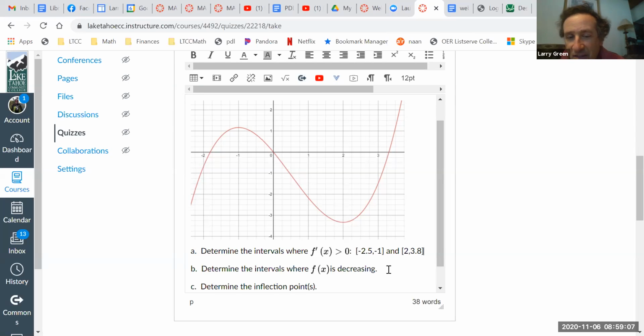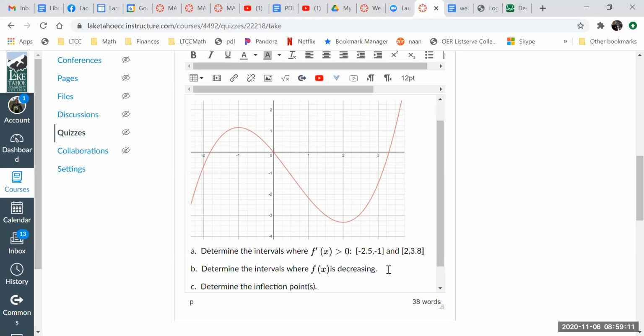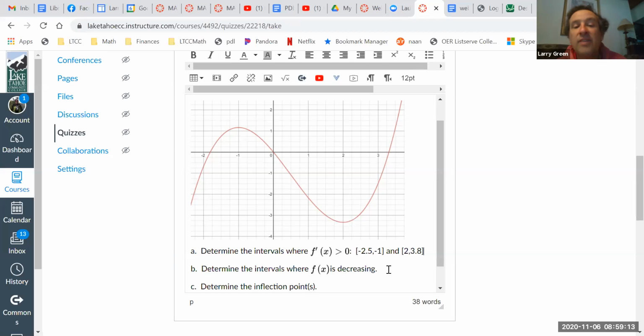F prime would be negative if it's decreasing. Exactly. It's just different words for saying the same thing, because we had a theorem that they're the same. Now in this case, there's only one interval that we can see where it's decreasing, and that's negative 1 to 2, because that's the only thing left.